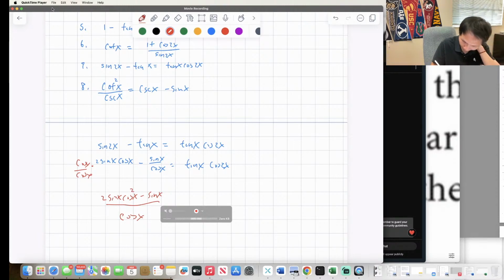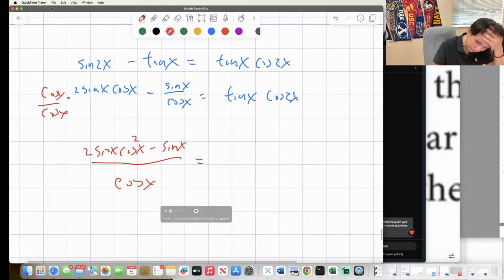Okay, so now what do I do next? Do you guys see it? I see it. Can you eliminate it? Sure. Can I factor out sine of x?